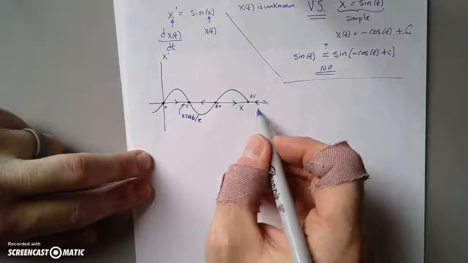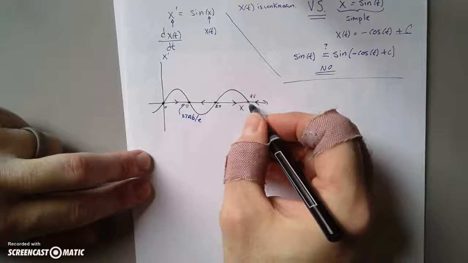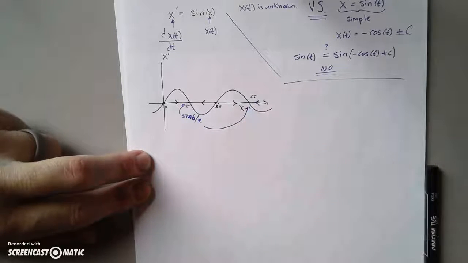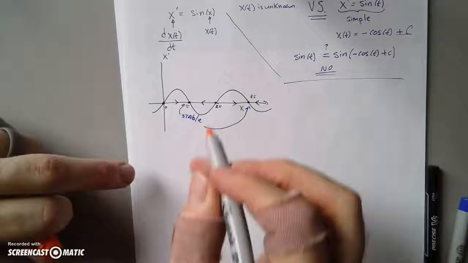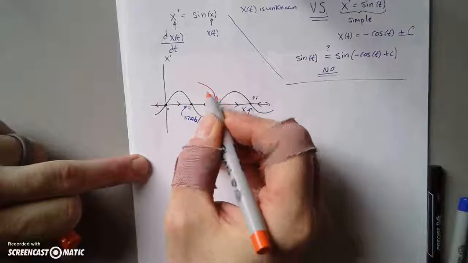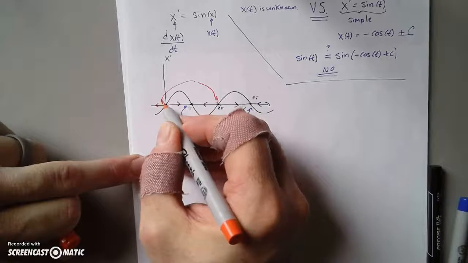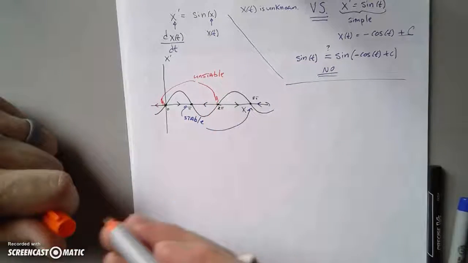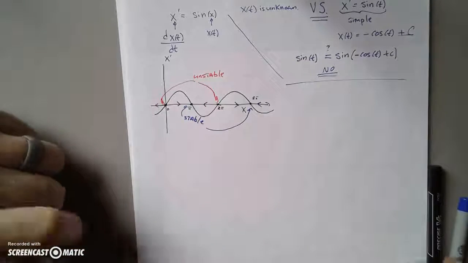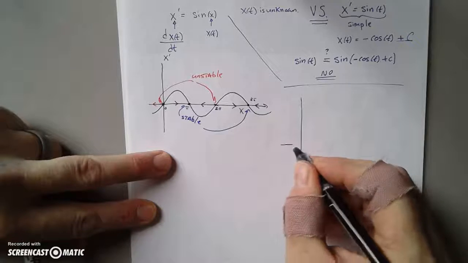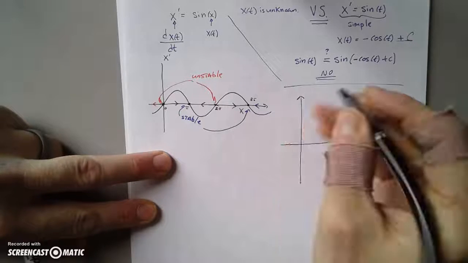And this one over here is going to be stable too, because sine continues. So these two are stable. If you have arrows that are pointing away, you'll have some unstable equilibria.